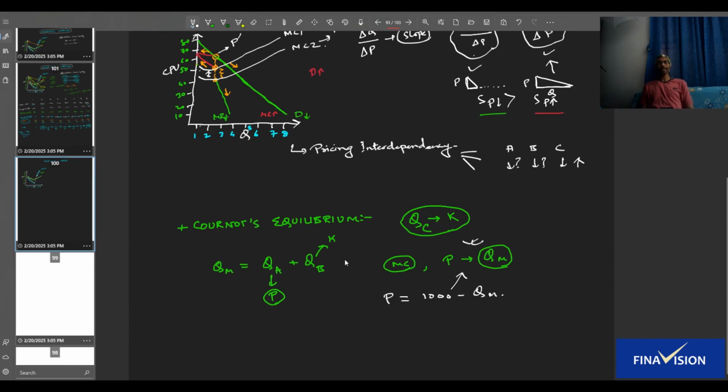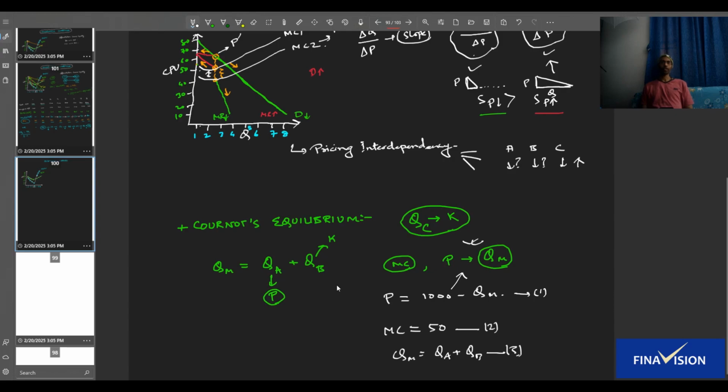Now the second thing is, let's say marginal cost is equal to 50. And because there is not much product differentiation, we would say marginal cost for both A and B is 50. Now, this is one equation. This is another equation. And the third equation is QM is equal to QA plus QB.